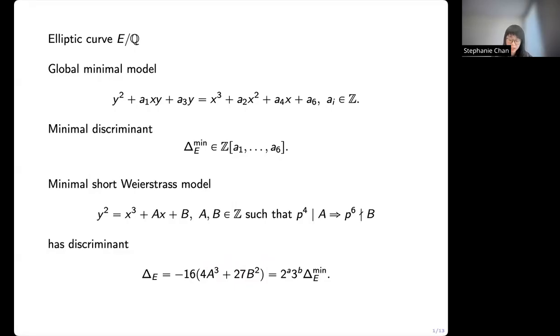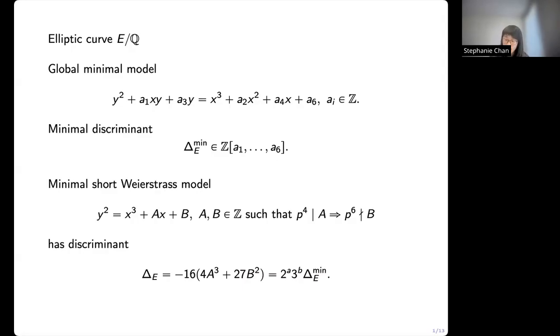It's cleaner to think of it as a polynomial in 2 variables instead of having to deal with all 5. So that's the minimal discriminant of the elliptic curve.